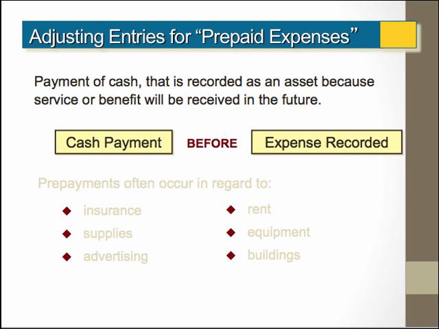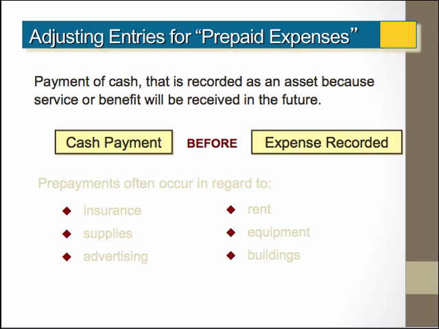When we use the term defer, we normally mean that we're putting something off. So a deferred expense is where we've made the cash payment, but we've deferred the recognition of the expense until it's been incurred. An example of a deferred expense is insurance.